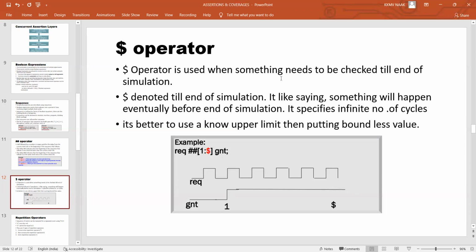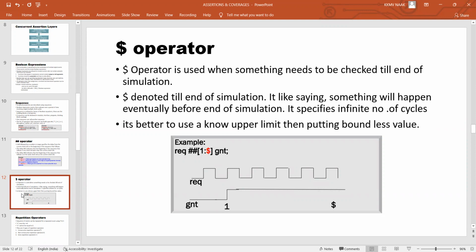So this is used when a signal needs to be checked till the end of simulation. We can use this dollar operator. If we don't know the upper limit value of a signal to be checked, then also you can use this dollar operator.